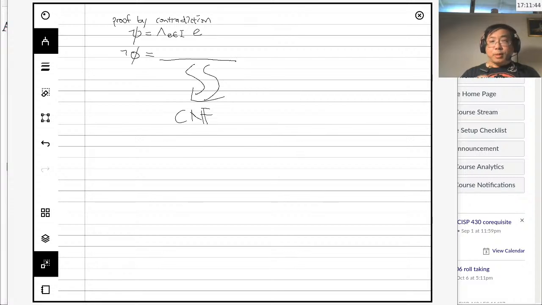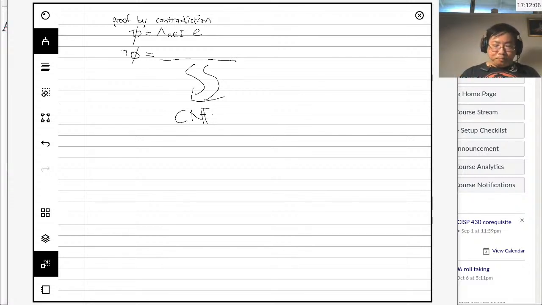Because in proof by contradiction, you need to first negate the proposed theorem before you make a conjunction between what is known to be true and the negated theorem. The negated theorem can turn into a CNF. We know that CNF can be used to represent any general Boolean expression, and that is really important.